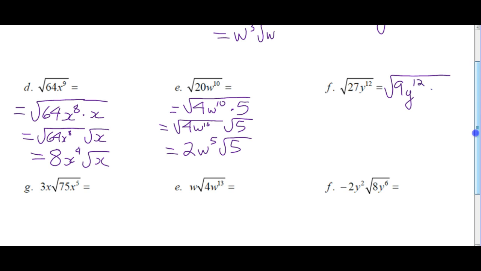And then, what do I need to get 27y to the 12th under here? I got 9y to the 12th. I need a 3. Okay, so we split that out. We've got 9y to the 12th, and I know that has a square root, and root 3, and I know that's just going to be written as root 3. What's the square root of 9y to the 12th? So 3y to the 6th, root 3.